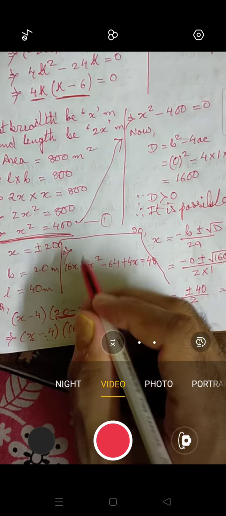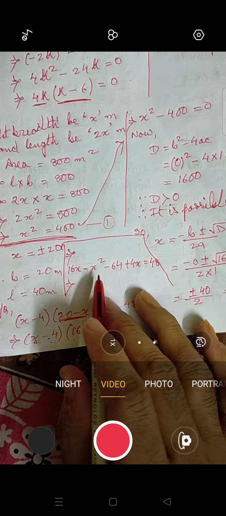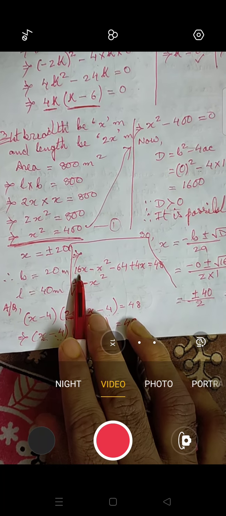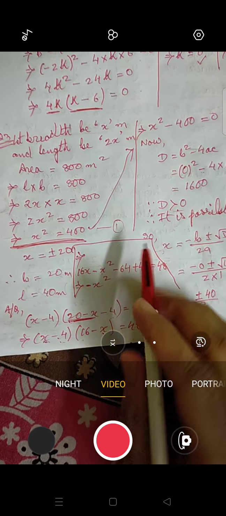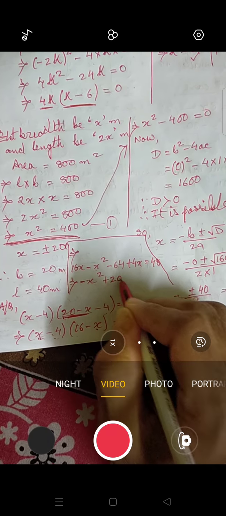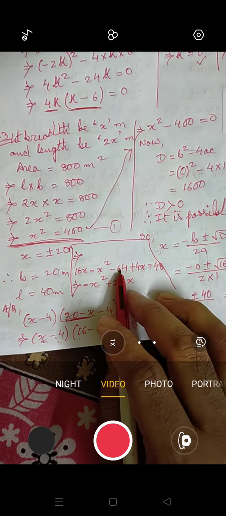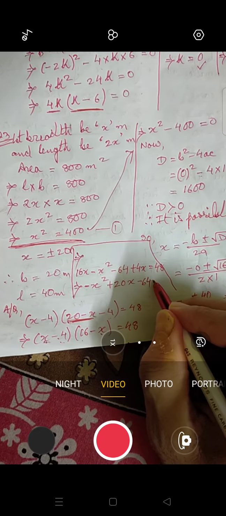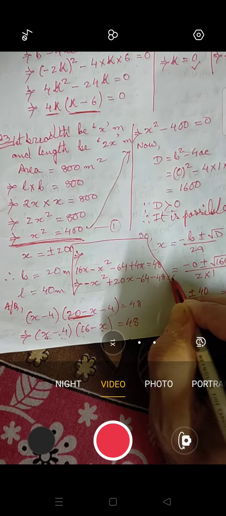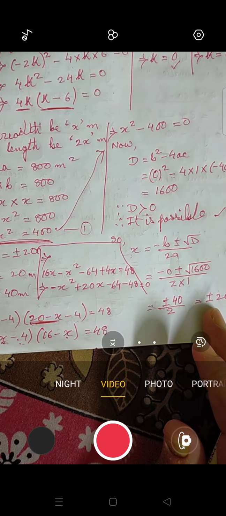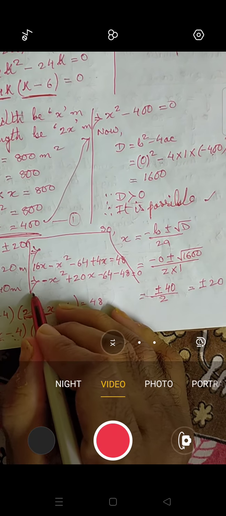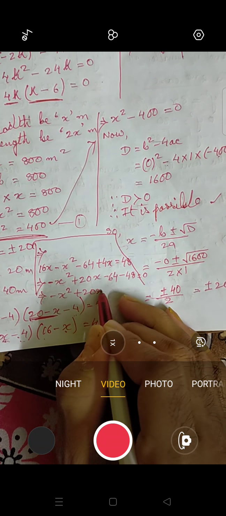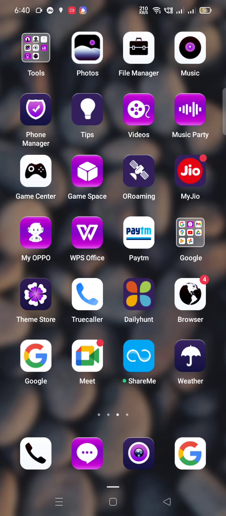Now we will arrange it. This is minus x square. Now this is 16x and this is 4x, both are plus, so it will become 20x. This is minus 64, and this 48 will come here and become minus 48, equals 0. Any doubt? Now this can be written as minus x square plus 20x minus 112, correct?